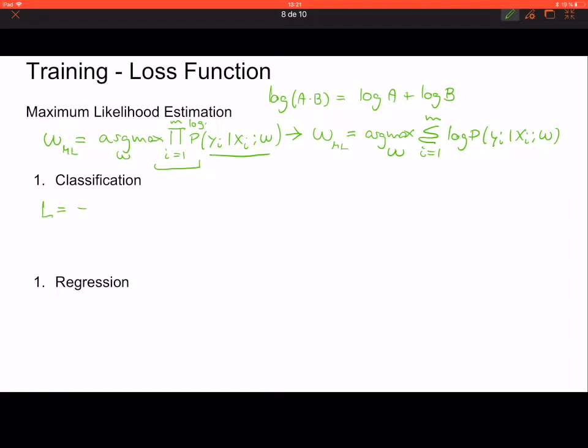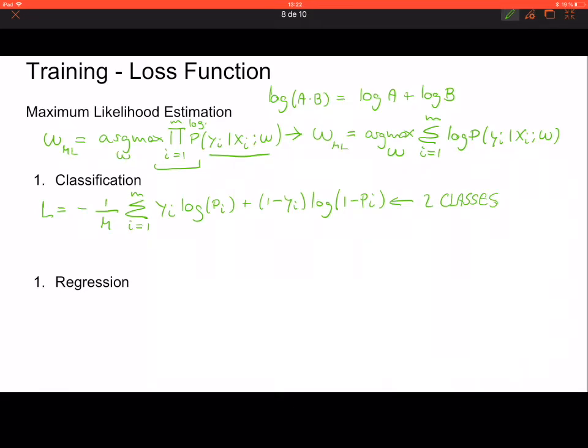We have 1 over m, so we take the mean over all our samples, where m is the number of samples, from i equals 1 to m, of y_i times the log of p_i plus (1 minus y_i), the label of that particular sample, times the log of 1 minus p_i. And this is for the case when we have two classes.